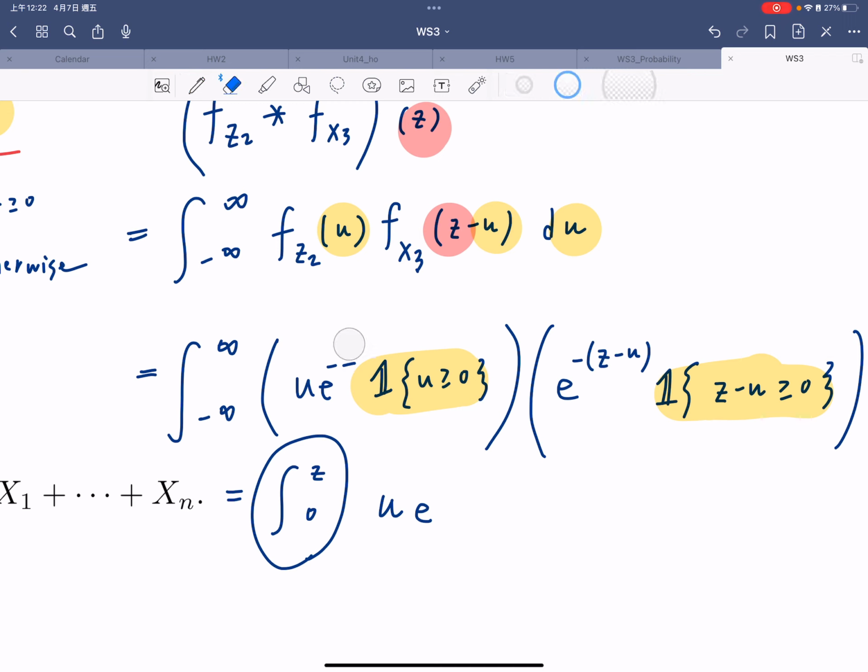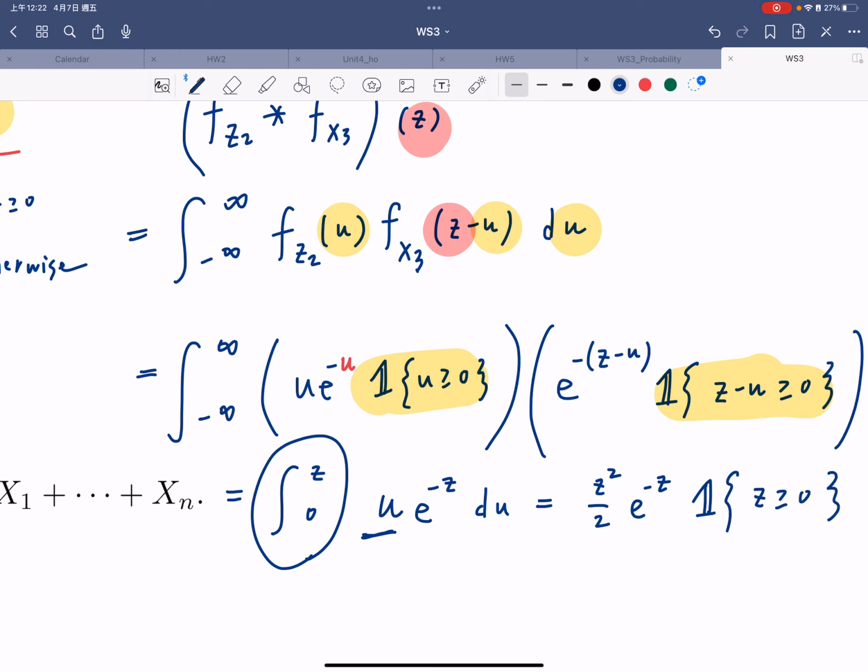So u, okay. So it's negative z, du. Okay, since only u is a variable, we only integrate about u, so it's z squared over 2 exponential negative z, and also z greater than 0. Okay, be careful.